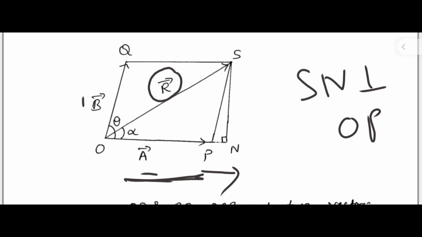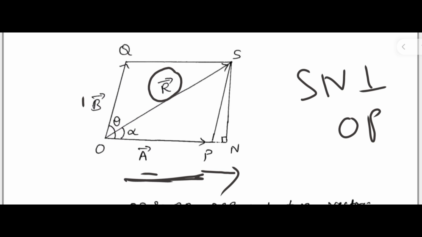Here there are two possible triangles: one is triangle OSN, and another is the small right angle triangle SPN. We compare triangle OSN with triangle PSN, taking the sine and cos values for finding the resultant vector magnitude.